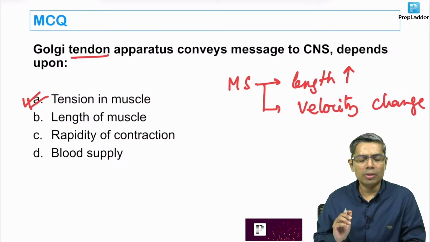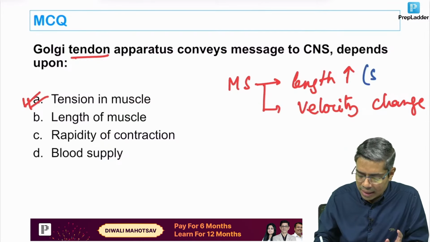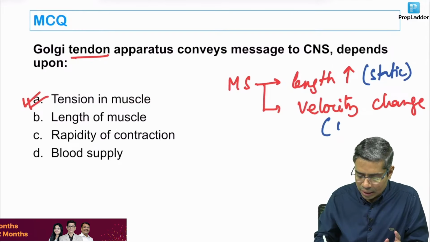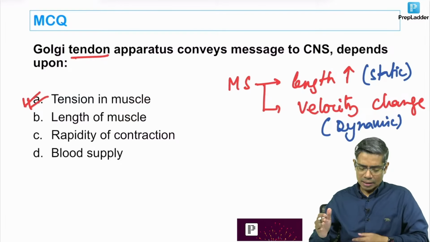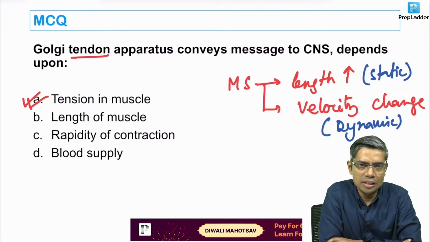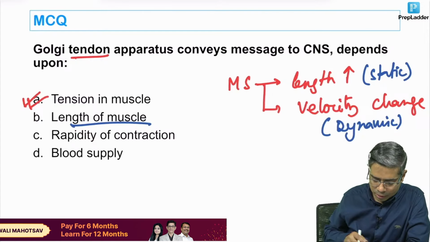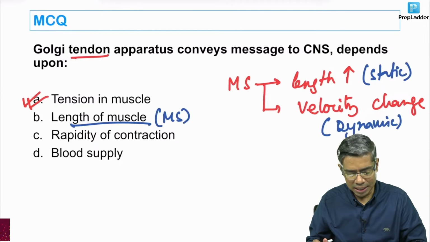Just remember these two important functions. The muscle spindle contains a static kind of fiber that detects the length, and a dynamic kind of fiber. The dynamic fiber can also detect the length, but it is mainly for velocity change detection. So the length of the muscle is for the muscle spindle, not for the Golgi tendon. The Golgi tendon detects the tension in the tendon.